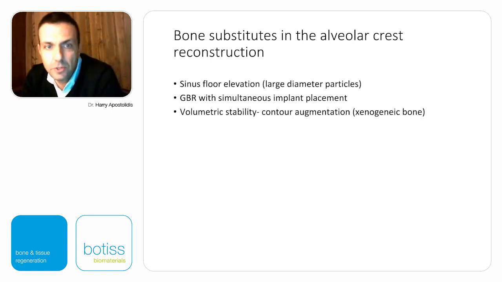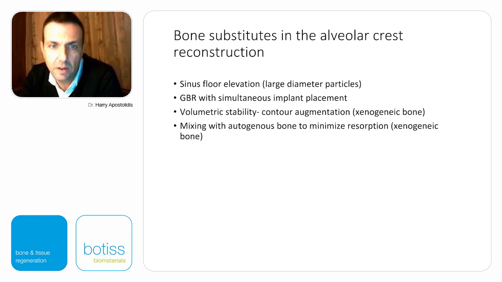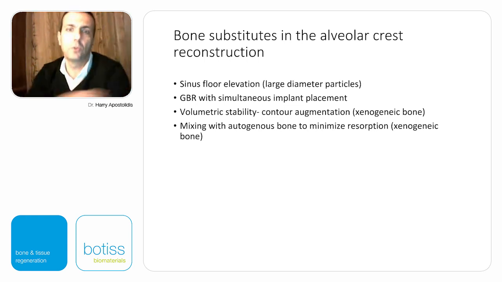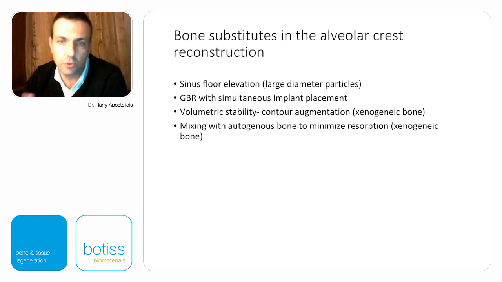We can use bone substitute when we want volumetric stability, when we do contour augmentation, especially outside the bony envelope. And that's where we want something that doesn't get resorbed. So we want a xenograft that stays there. We mix it, as we said, with autogenous bone to minimize resorption.